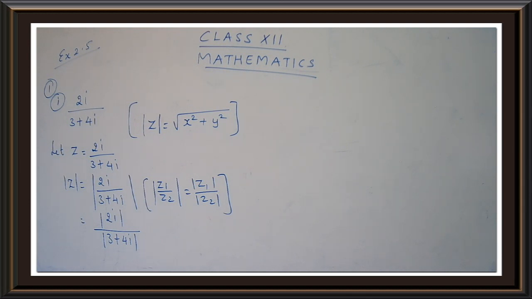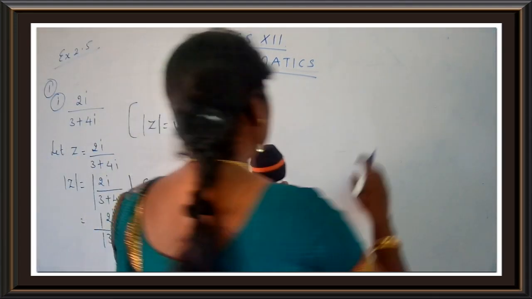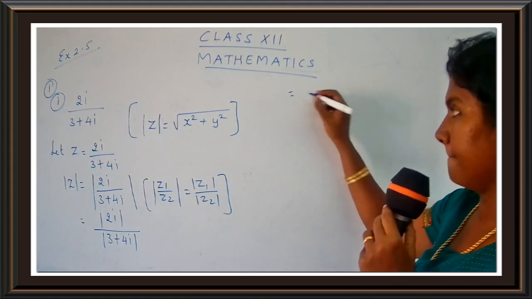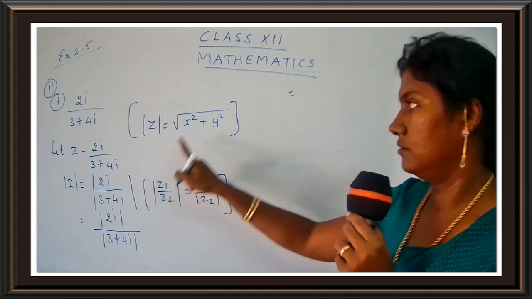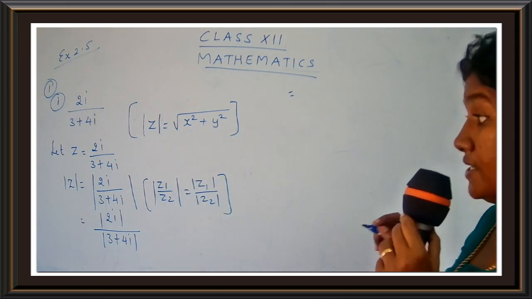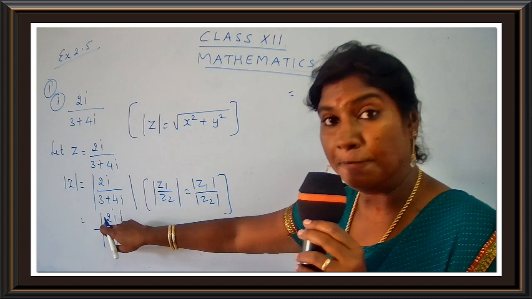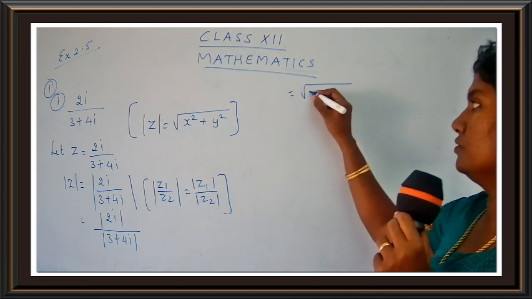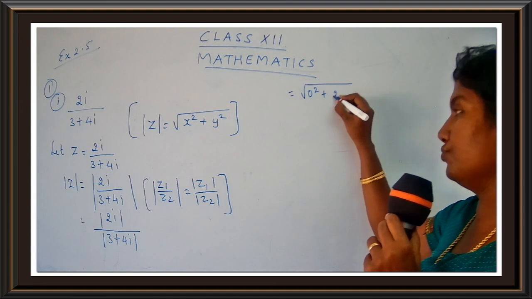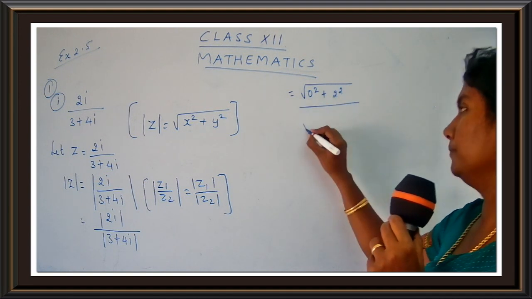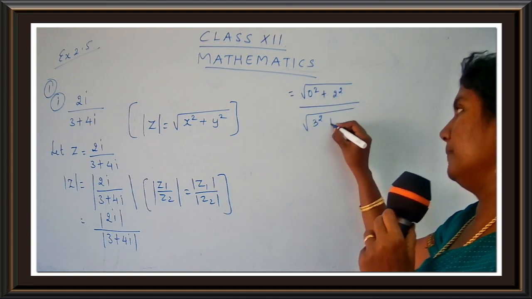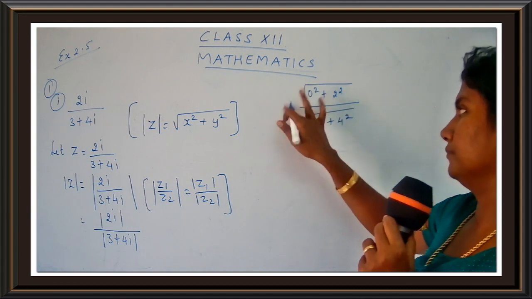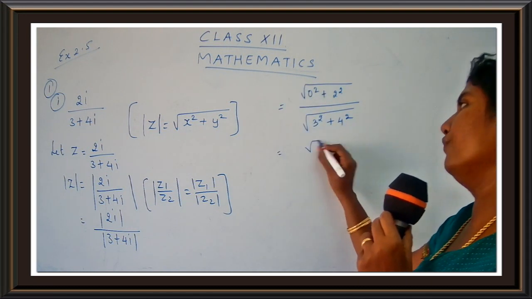So this is equal to square root of x square plus y square. I don't have a real part over here, so the real part will be taken as 0. So this is equal to root of 0 square plus 2 square upon root of 3 square plus 4 square. 0 square is 0, 2 square is 4.